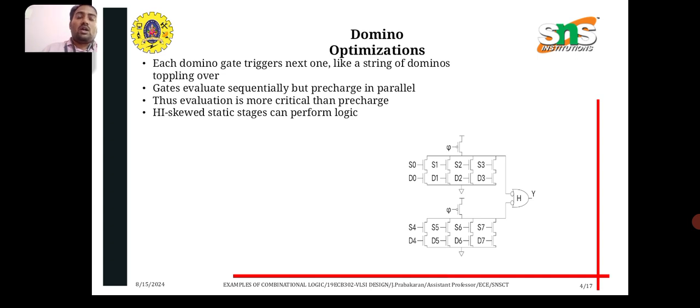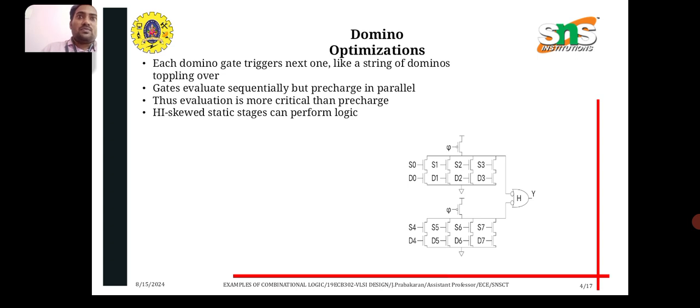Domino optimization is used to create domino logic circuits that are fast, power efficient, and robust against noise and process variation.